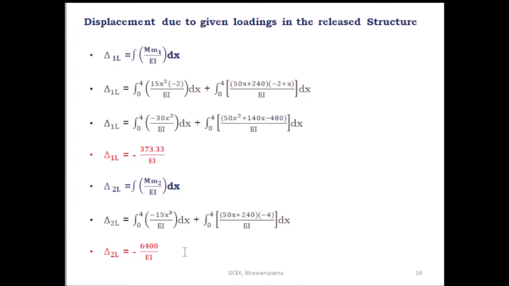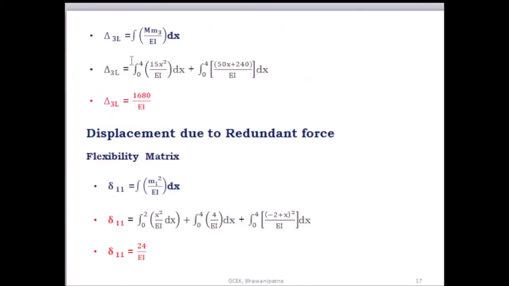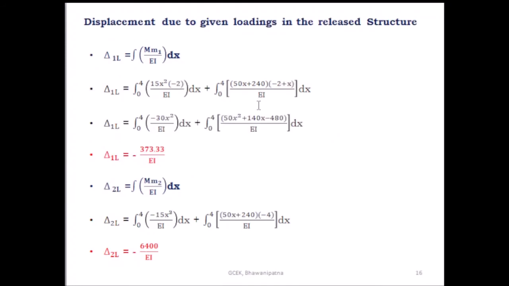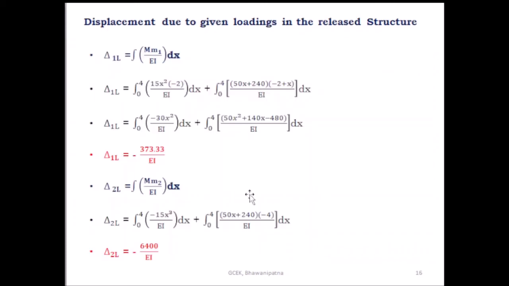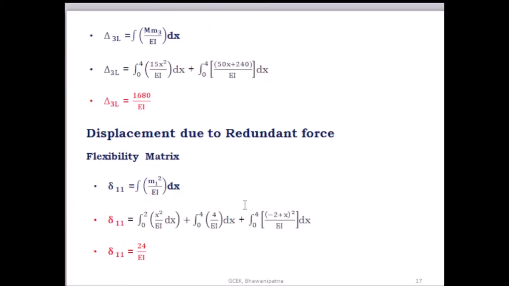Similarly, find out delta 3L. Delta 3L is equal to integration capital M small m3 by EI into dx. Here also you have to put that capital M and small m3 value. For DC 0 and for CB 15x square into 1, 15x square by EI into dx, 0 to 4 integration.